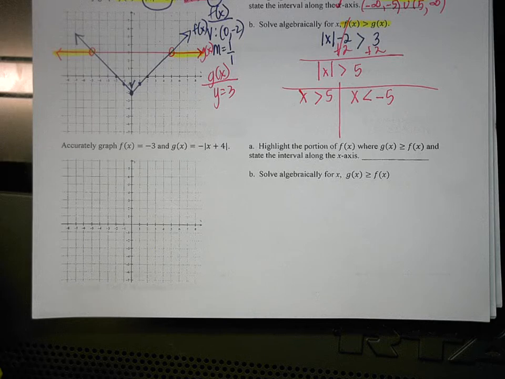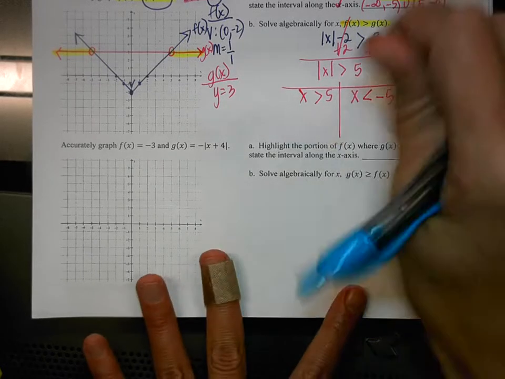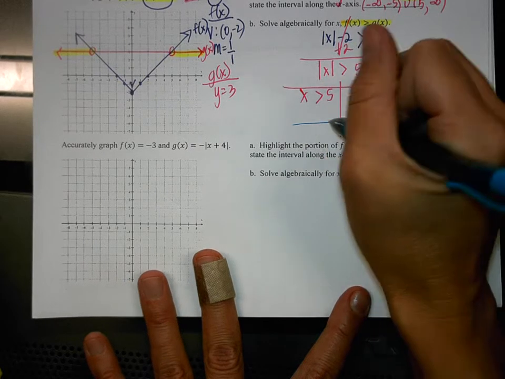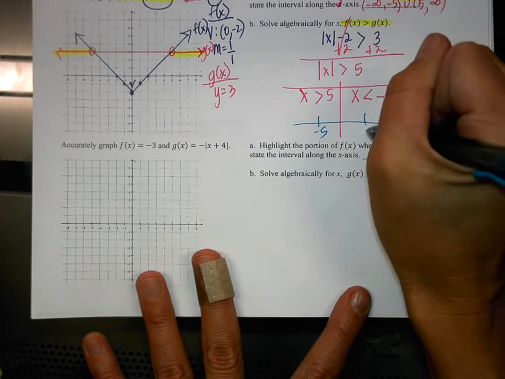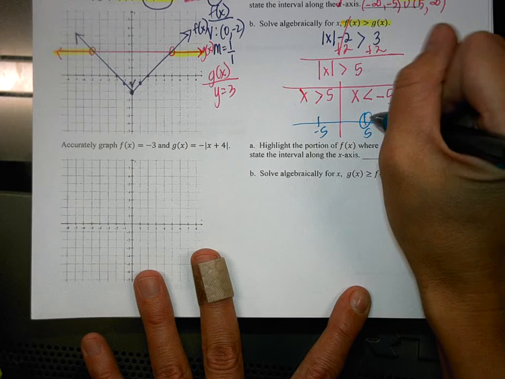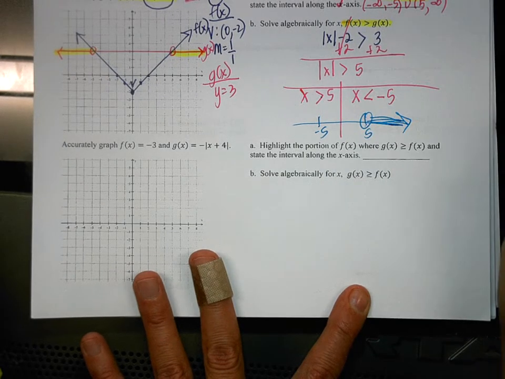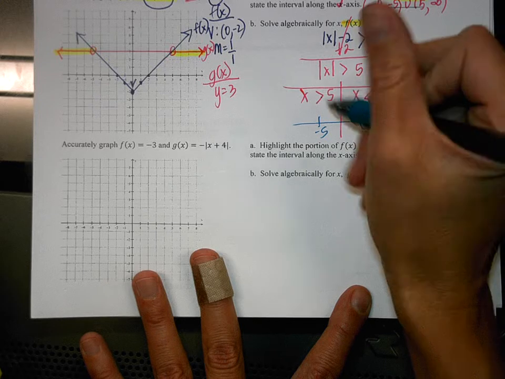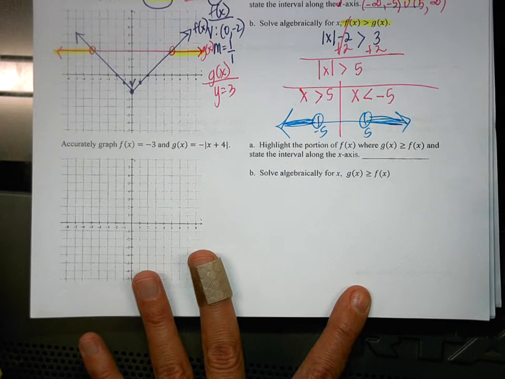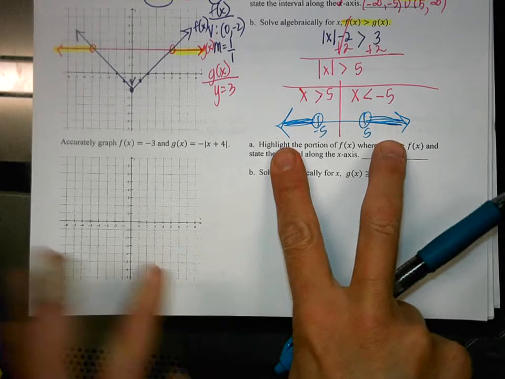If you are graphing this on a number line, here is negative 5, here is 5. X is greater than 5, go to the right. X is less than negative 5, it would go to the left. Do you see this graph and this graph?